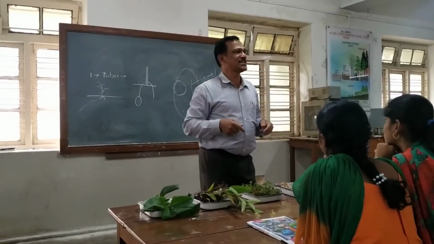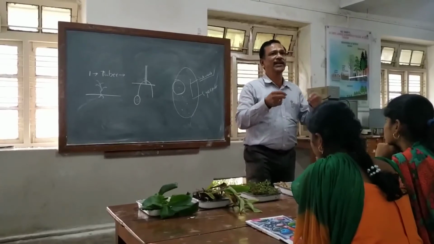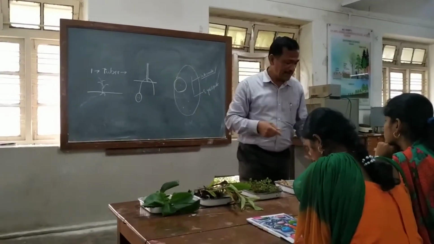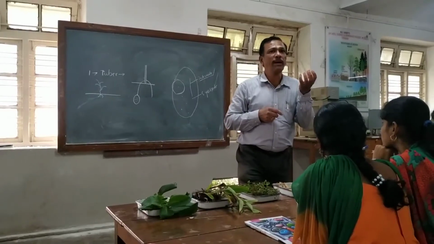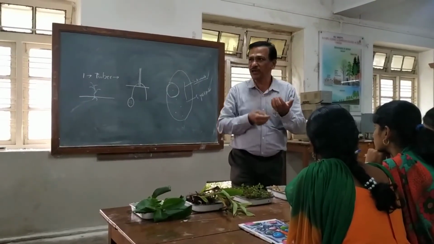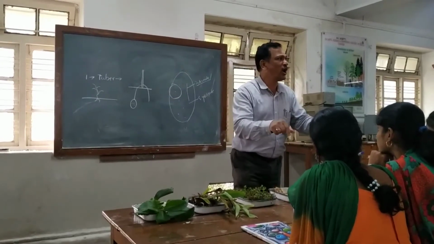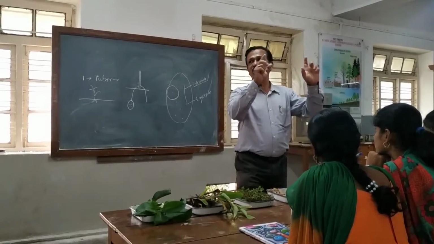When the next rainy season comes, these seeds are sown in the soil and they get a new crop. But here in the practical, if you take one small onion bulb and cut it into 4 quarters longitudinally and put that in the soil, within 15 days those plants develop automatically.